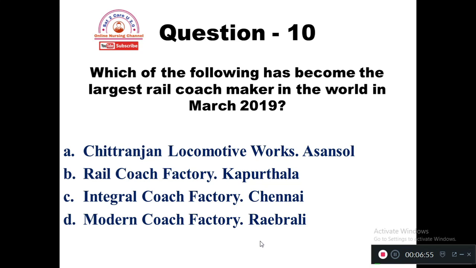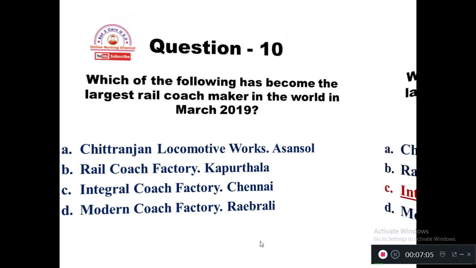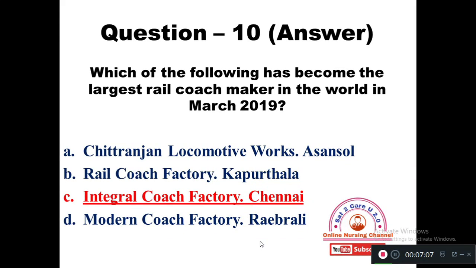C. Integral Coach Factory, Chennai, Tamil Nadu. D. Modern Coach Factory, Raebareli. So the pride goes to Integral Coach Factory, Chennai, where they manufactured Train 18 Vande Bharat last year. It is the world's largest rail coach factory according to the March 2019 report.